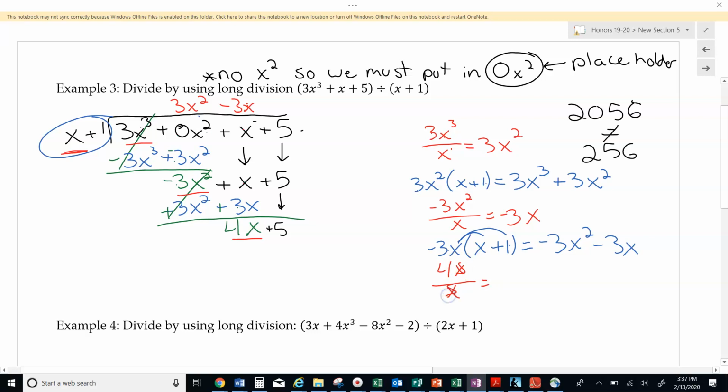Oh, right, my x's cancel. I'm left with 4. That goes in my nice column of everything that has no x. Multiply 4 times x plus 1. 4x plus 4.